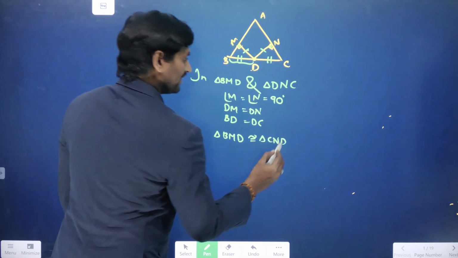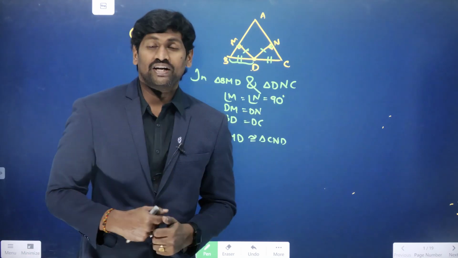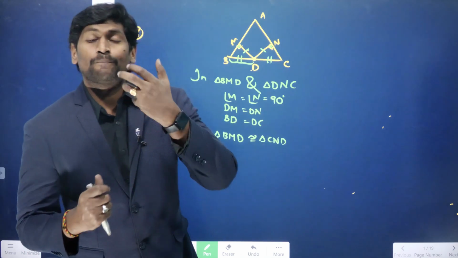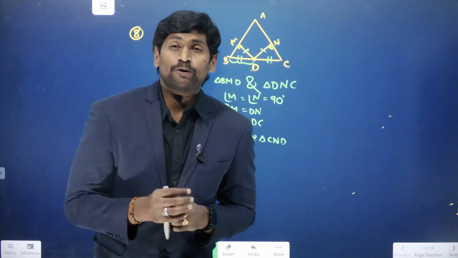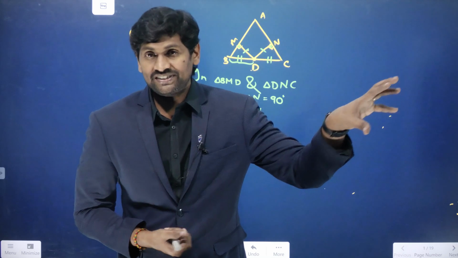While you are observing, these two triangles are congruent, so we can say that the corresponding parts are equal. What are the corresponding parts? All the angles are equal and all its corresponding sides are equal.